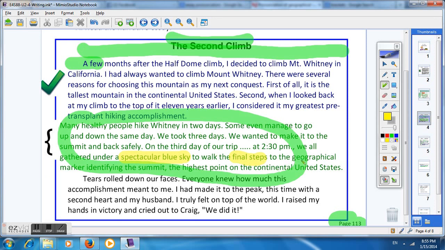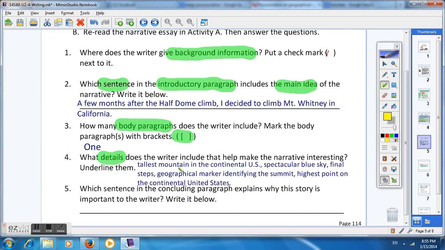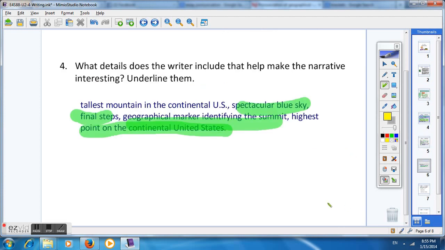So what makes these sentences interesting? Of course, because you have adjectives here: final, highest, and so on.